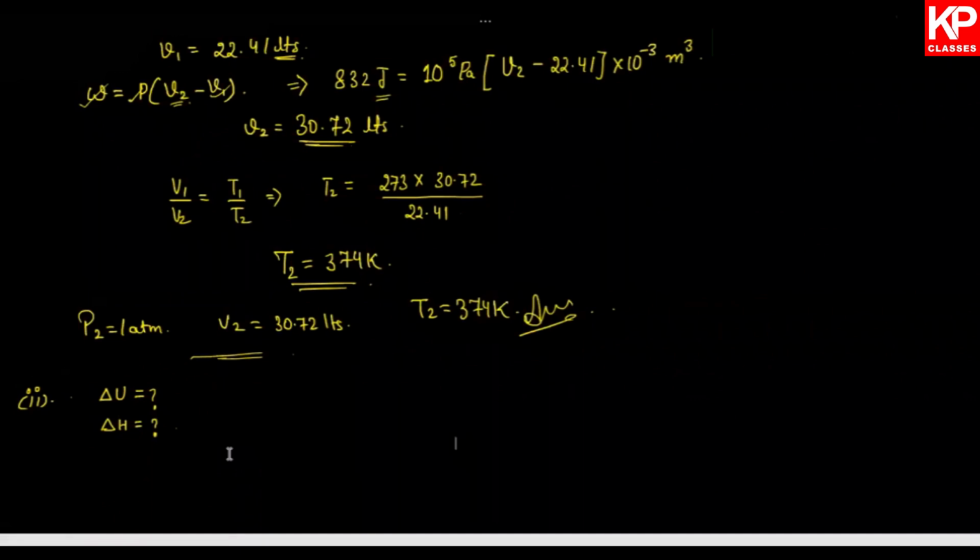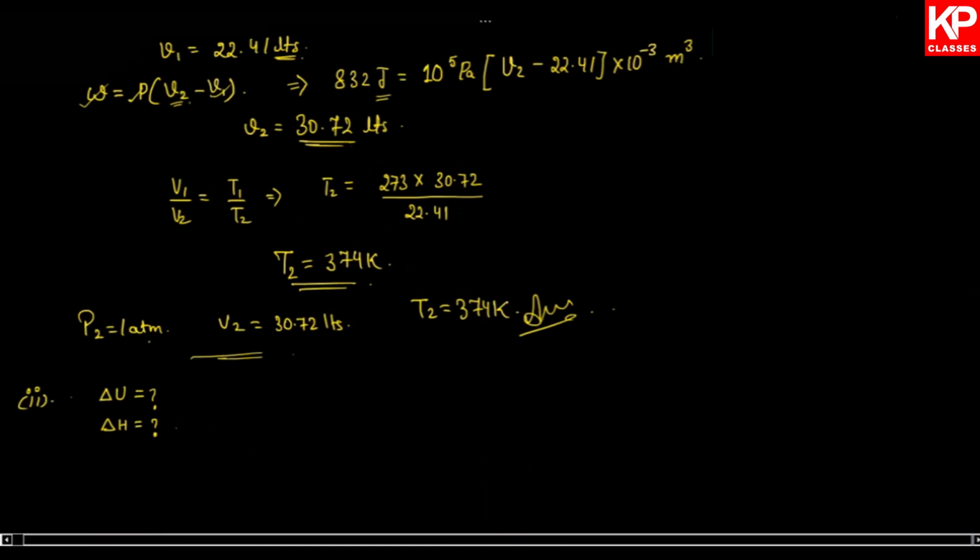If you have calculated the first part, then you can easily calculate this based upon the expressions that we have derived earlier. 2168 joules. And what about delta H? Delta H is equal to Q. Exactly, very good.